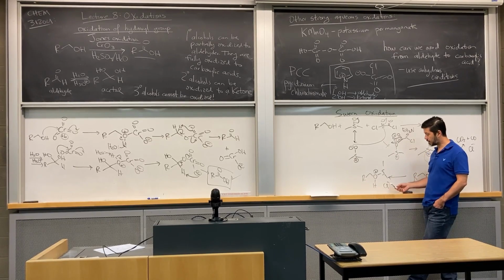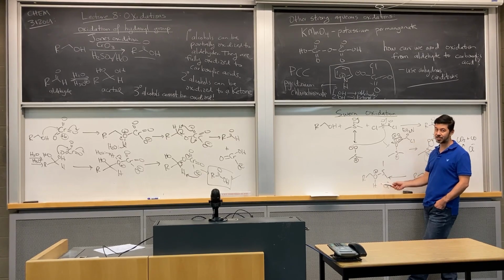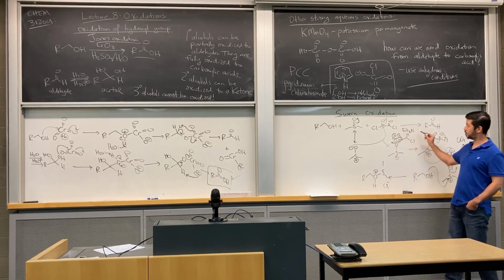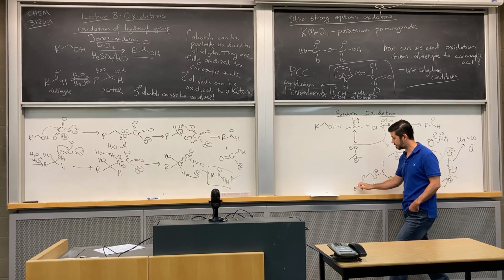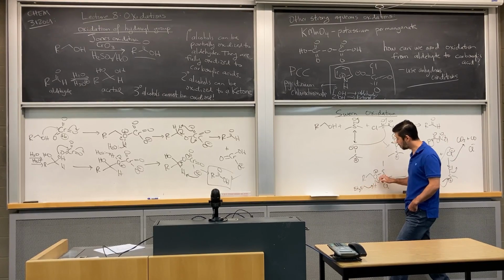Are we going to use Cl- to remove that proton? What do you think? If we try to do that, we're going to generate HCl, which is too strong an acid. Right? The pKa of HCl is around -7. So in solution, we use our triethylamine, and triethylamine is our base that will come and remove that proton.